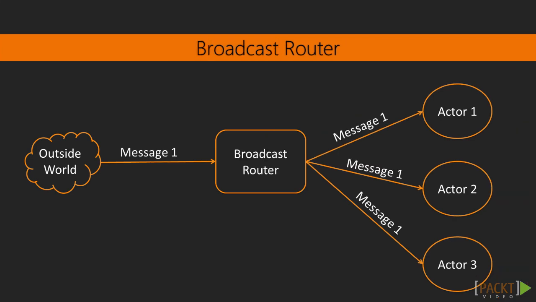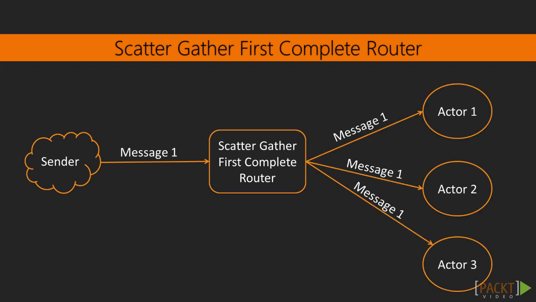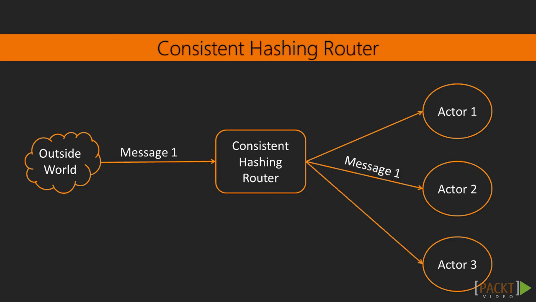Broadcast forwards the message to all its routees. Scatter gather first completed will send the message to all its routees, then wait for the first reply it gets back. This result will be sent back to the original sender. Other replies are discarded. Consistent hashing uses consistent hashing to select a routee.